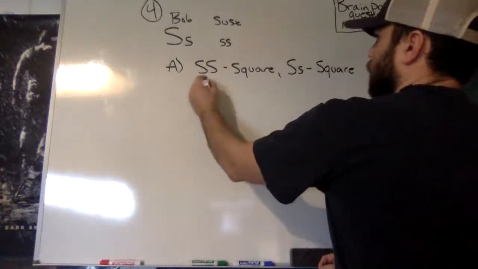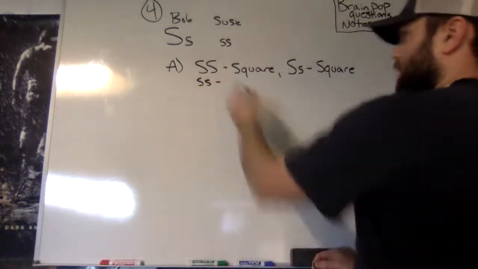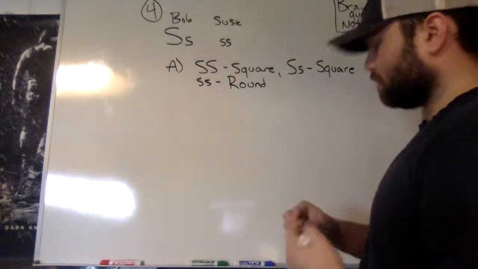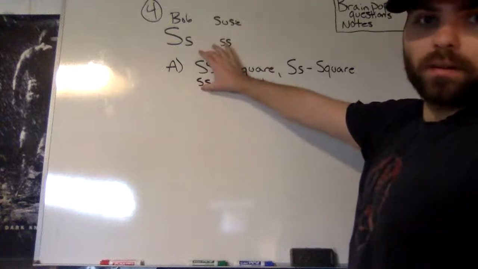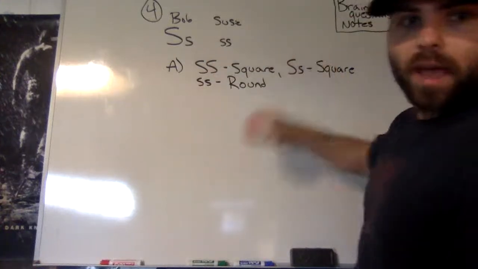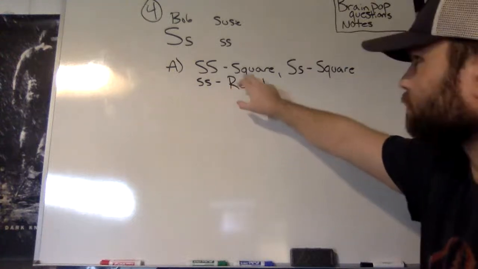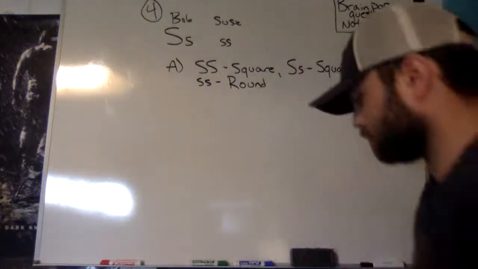Now we have 2 lowercase s's, and that's going to give us our round shape, okay? So that is you giving me the genotype, which are the actual letters, and then the phenotype is your physical characteristics that you're going to get. So whether you're going to be square or round, okay?